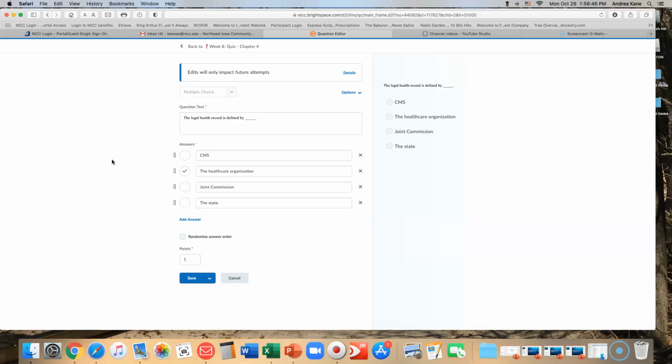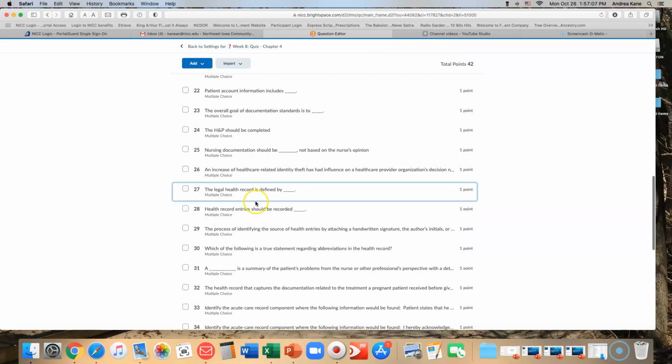So the legal health record is defined by each healthcare organization. This one was in your book on page 100. So I'm not going to credit this one back because I feel like it was there in pretty clear black and white.